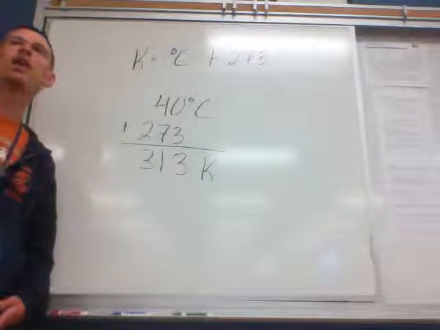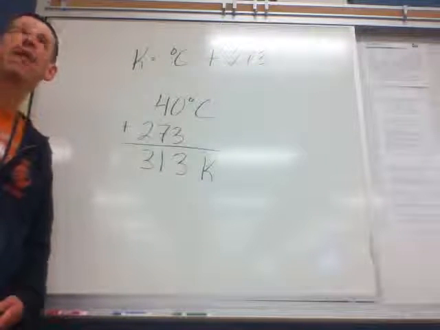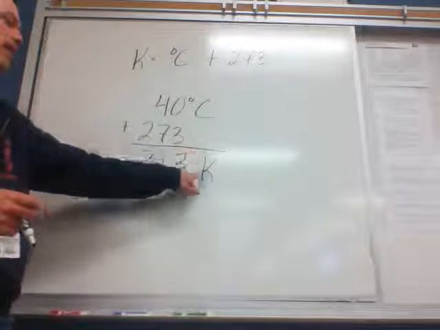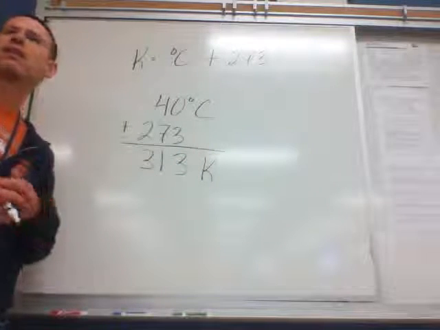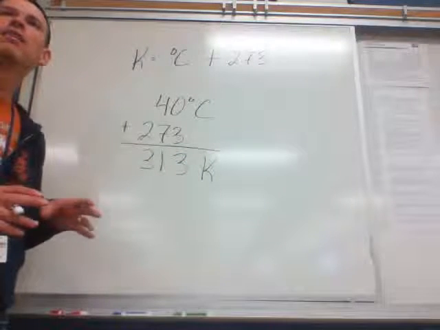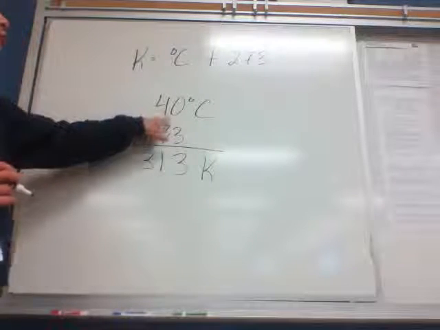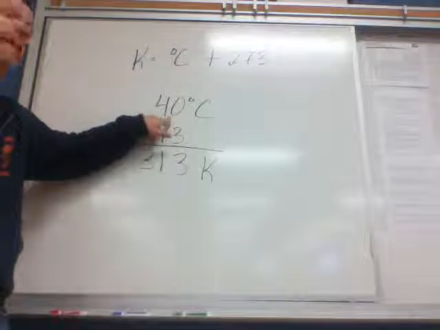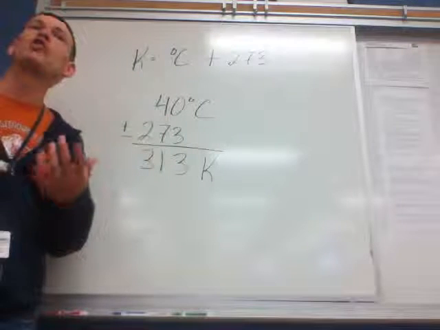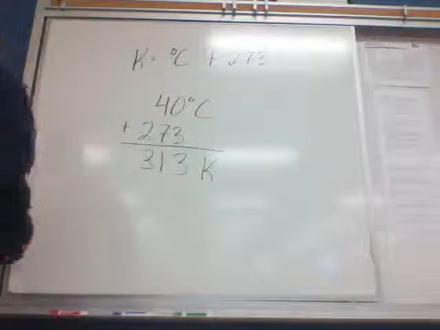That would be 313 Kelvin. Notice how it's not degrees Kelvin. I'm kind of a stickler for that. It's degrees Celsius, but it's just Kelvin. So 40 degrees Celsius is the same thing as 313 Kelvin.